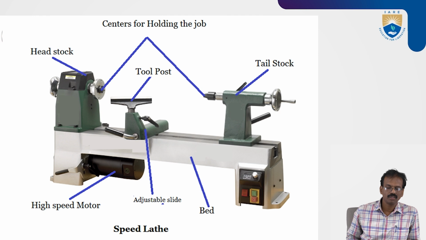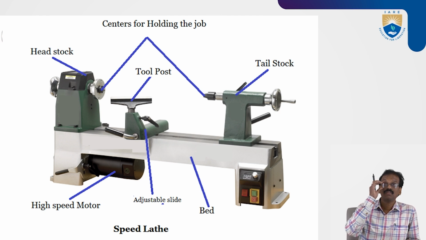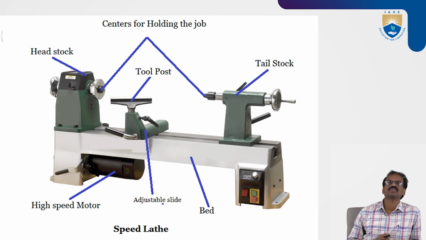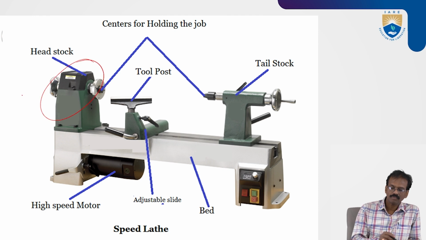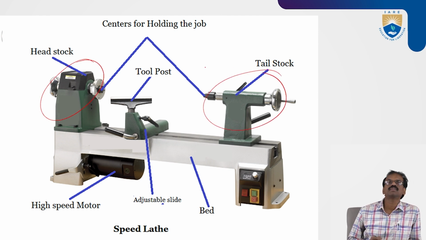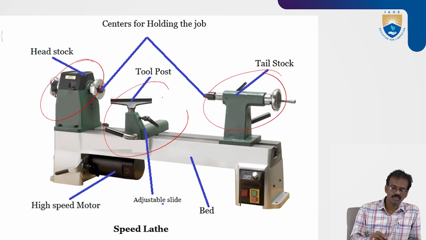We'll see first of all the speed lathe. What is the importance of the speed lathe? So this is the block diagram of the speed lathe. It is a very simple construction. It has only a few parts, mainly headstock and tailstock. In between, the tool post is there.